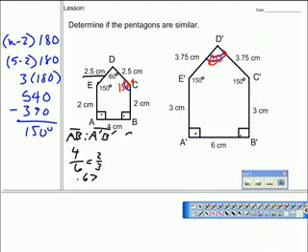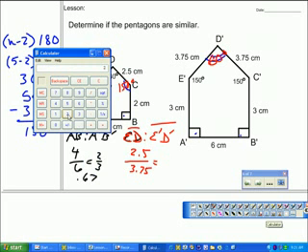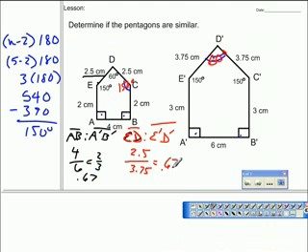So let's do ED corresponding to E prime D prime. And that gives me 2.5 over 3.75. And I divide that. 2.5 divided by 3.75 gives me, oh, look at that, 0.666 or 0.67.